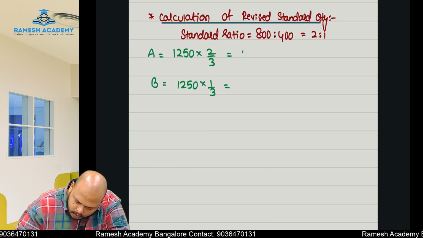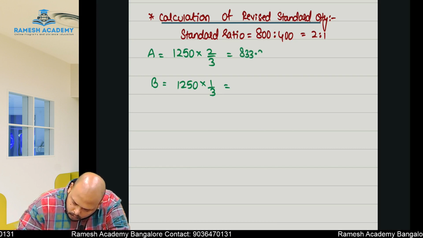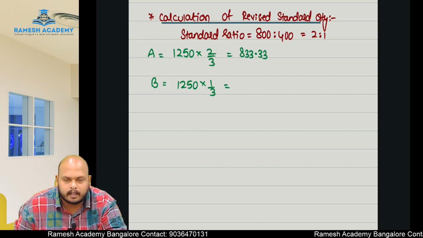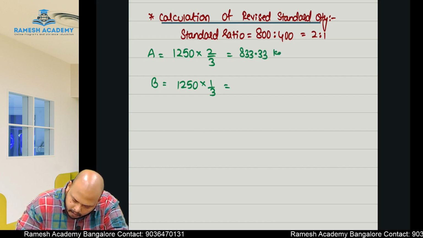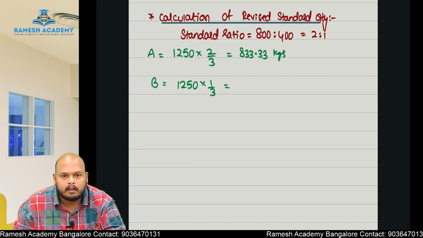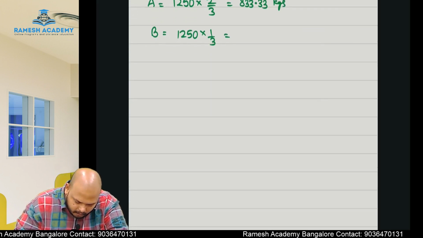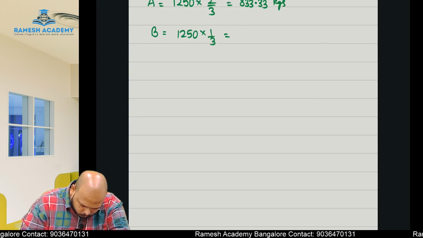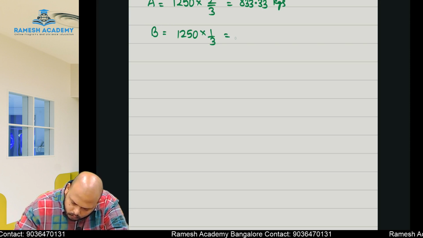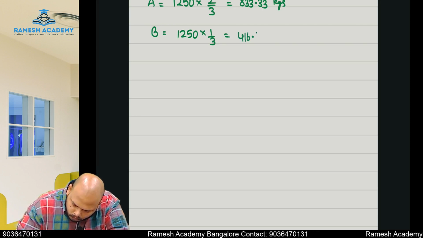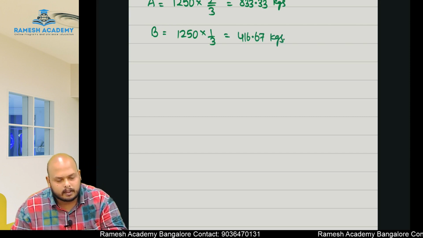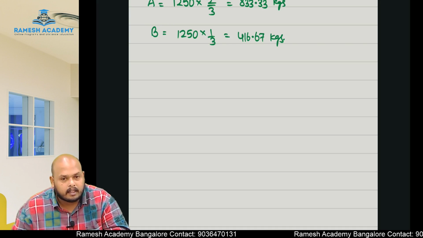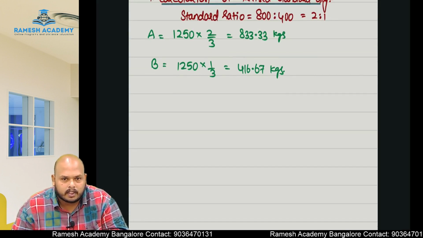How much? 833.33 kgs revised standard quantity for A. Next, what will be the B revised standard quantity? 416.67 kgs.